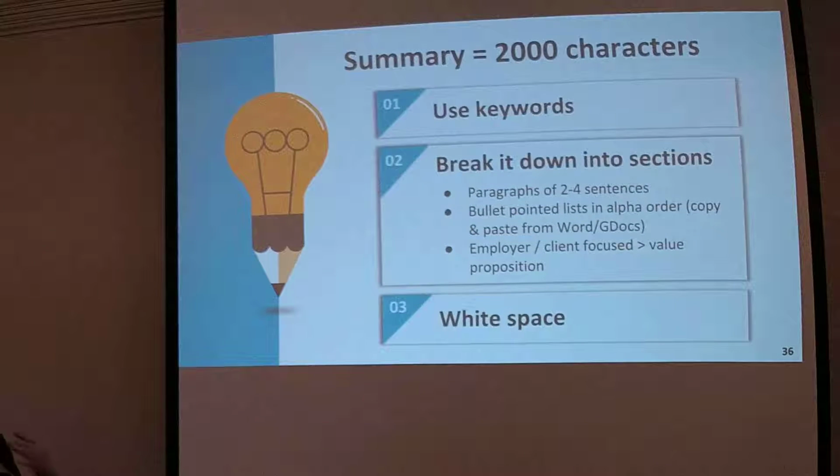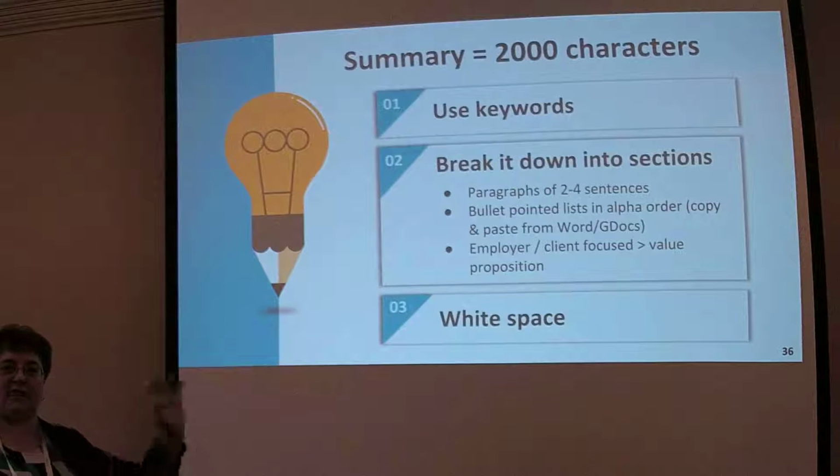Now, your summary. 2,000 characters, as I mentioned. You want to use keywords in the summary. It's one of those critical places where you want to use keywords, but you want to break it down into sections. And I'm going to show you live what some profiles look like, so you have an idea of what the end goal is. So your bullet points, your value proposition, should probably be no more than 2 to 4 sentences, and you want to provide your value proposition with the pain points that you're going to solve for an employer, okay?